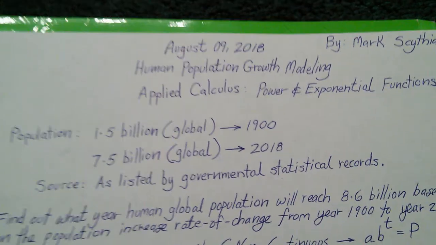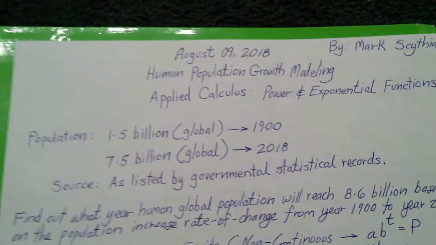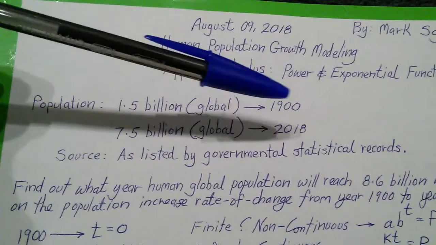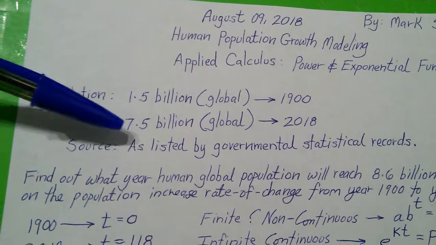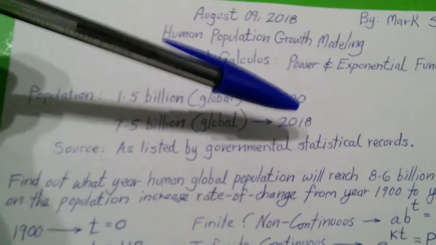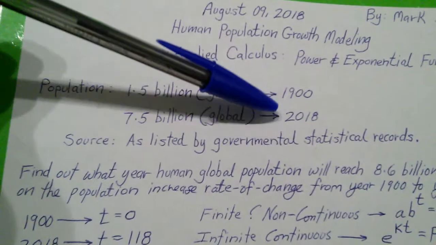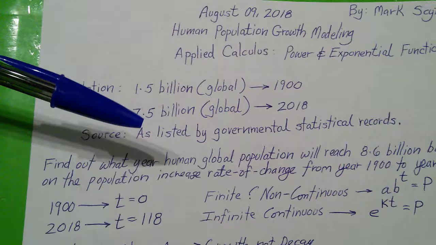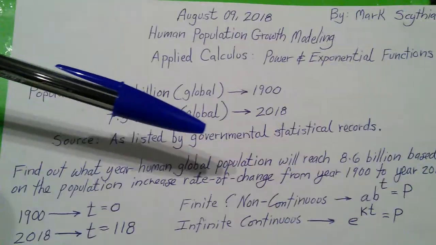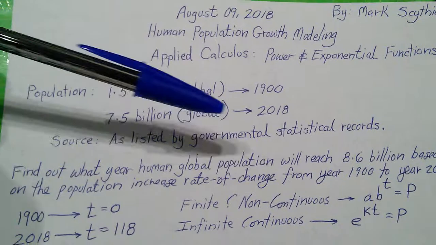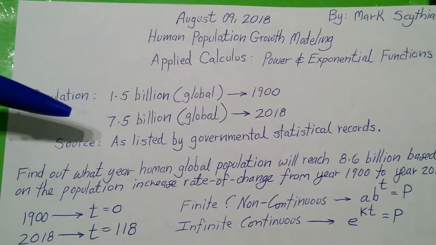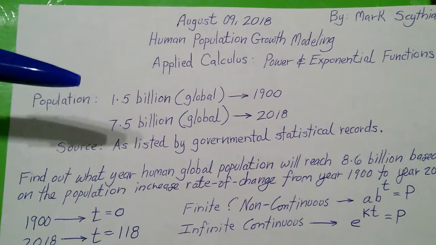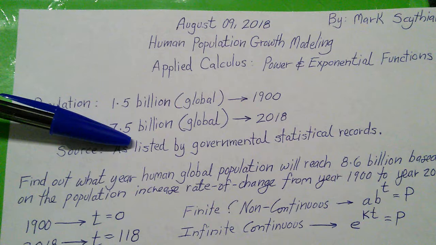The population on Earth has been recorded to go from 1.5 billion people globally in 1900 to 7.5 billion people globally in 2018, the start of 2018. These are all of the compiled governmental statistics on Earth published to a consensus on the global population figures. So we're assuming this is correct.